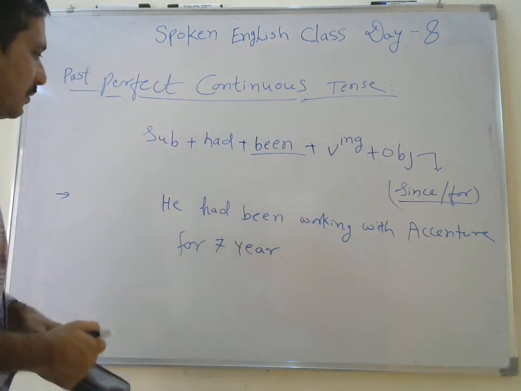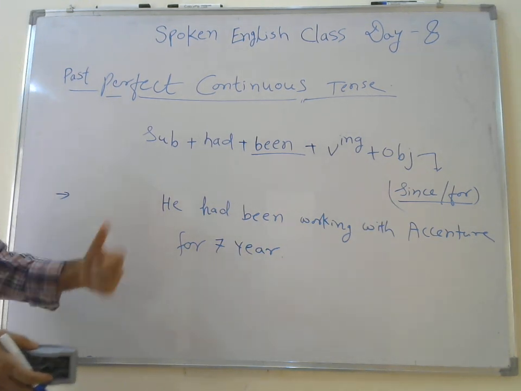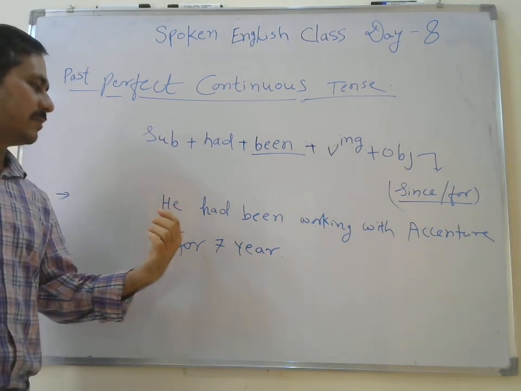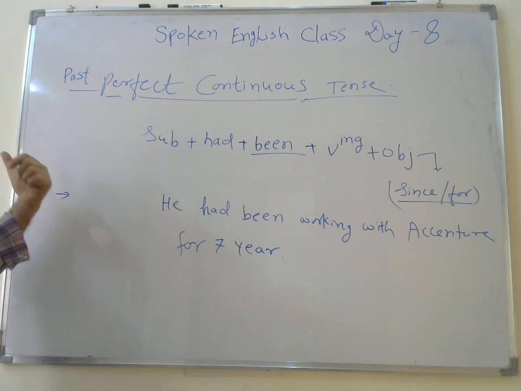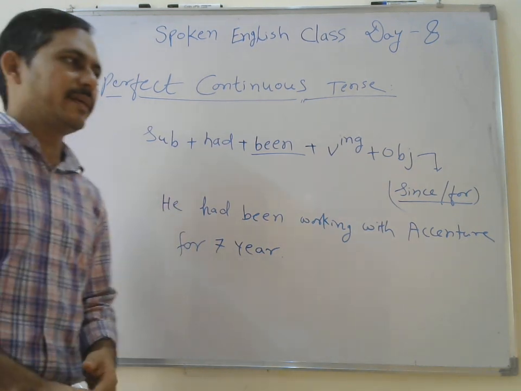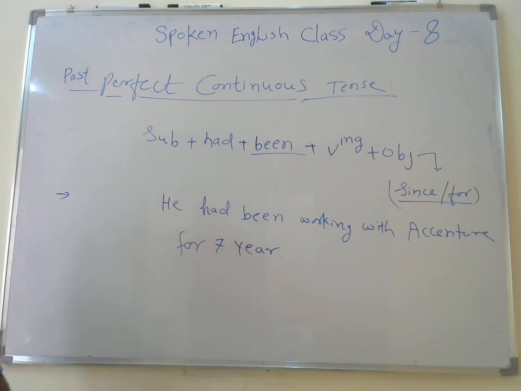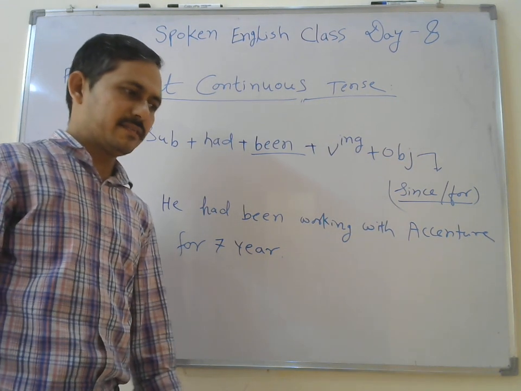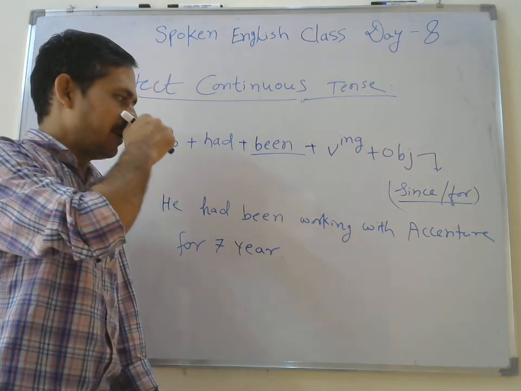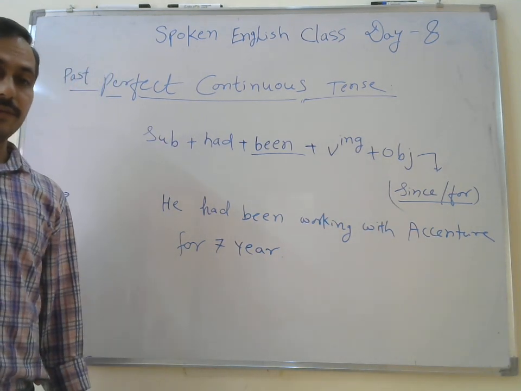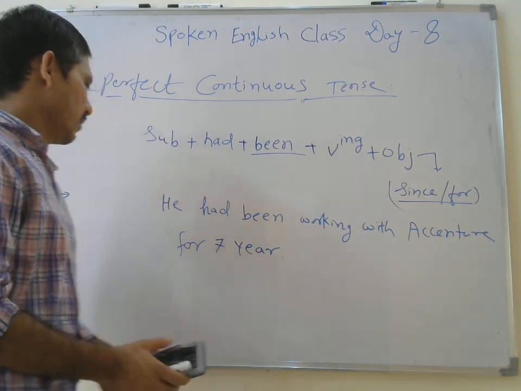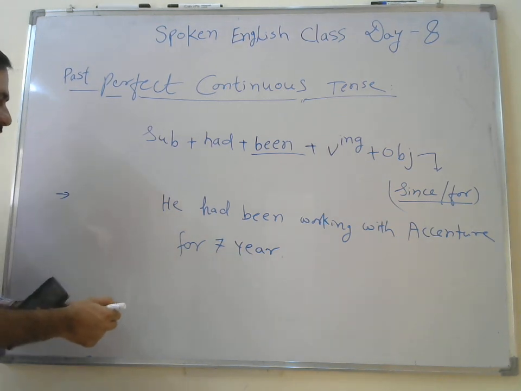So here we have written a simple sentence. Usually when you are speaking with your friends, before joining this company, he had been working with Accenture for 7 years. So like that you can increase the sentences.